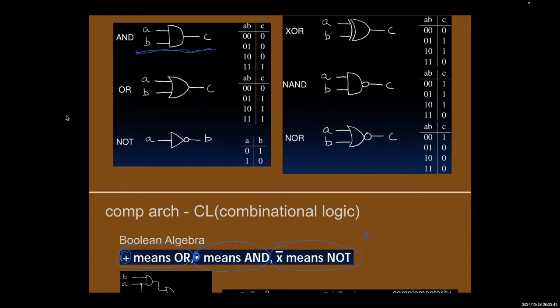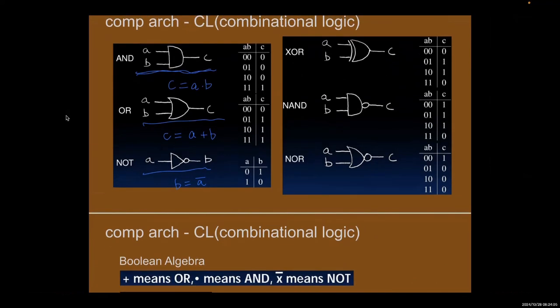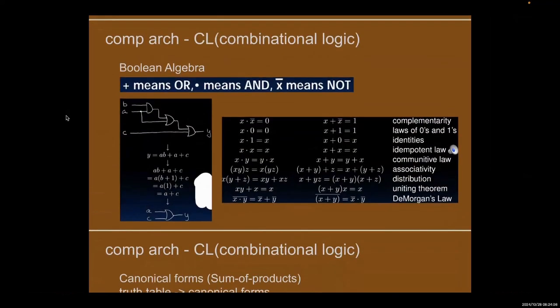So this is A, and this is not A. This is C equal A and B. This is C equal A or B. This is B equal not A. Is that clear? Okay.